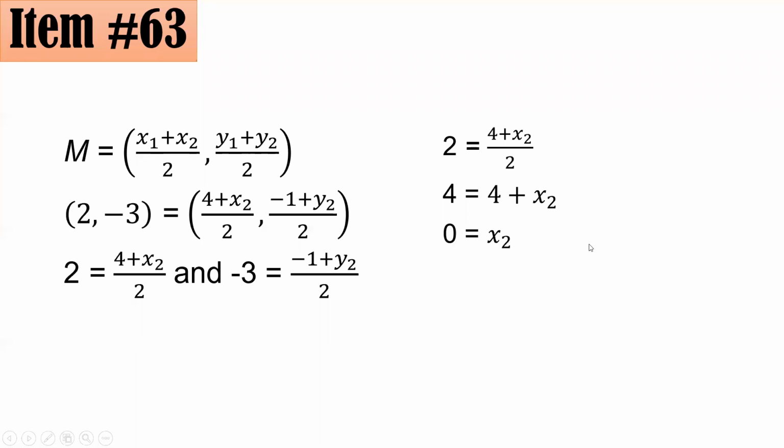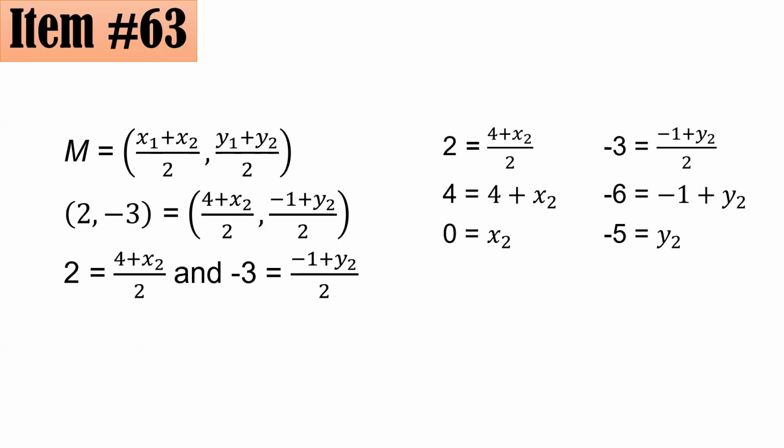Subtracting both sides by 4 gives 0 as the value of x sub 2. For the second equation, -3 equals -1 plus y sub 2 all over 2, multiplying both sides by 2 to clear off the fractions gives us -6 equals -1 plus y sub 2. Adding 1 both sides gives us -5 as the value of y sub 2.